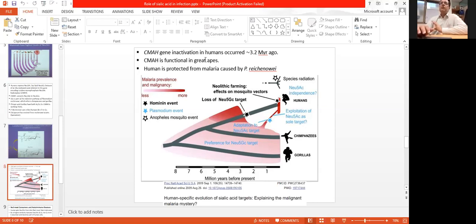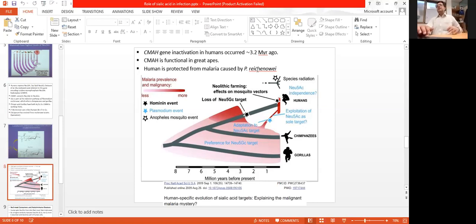This particular trait was selected among our ancestors because it gave us protection against malaria caused by Plasmodium reichenowi, which was prevalent in ancient times.